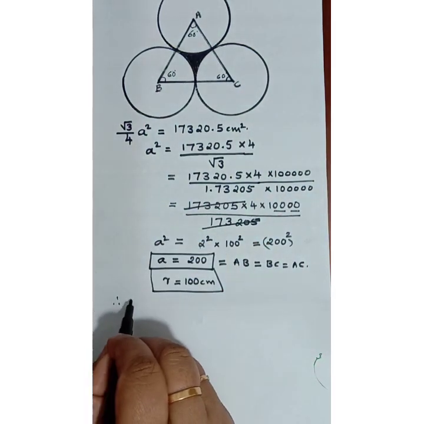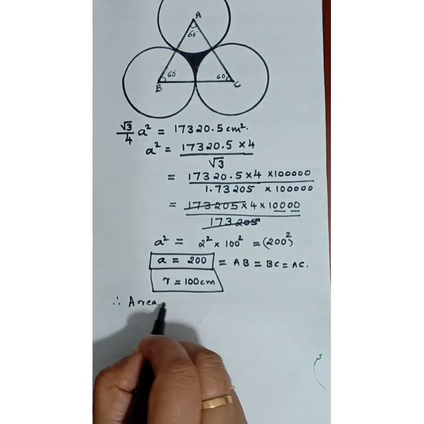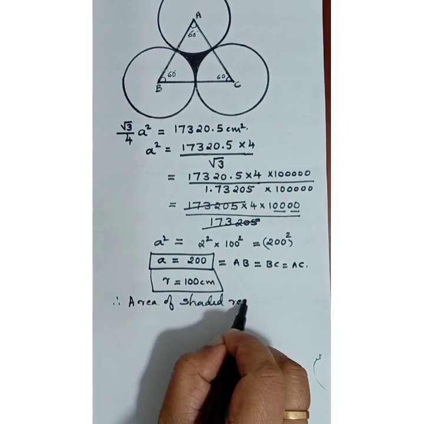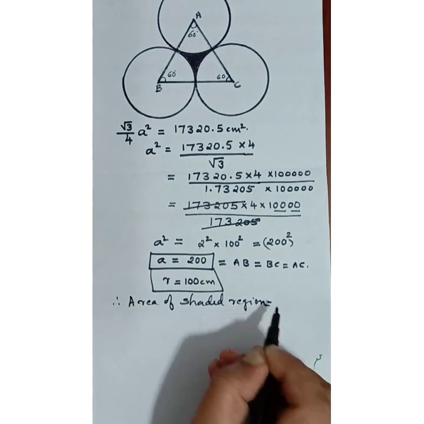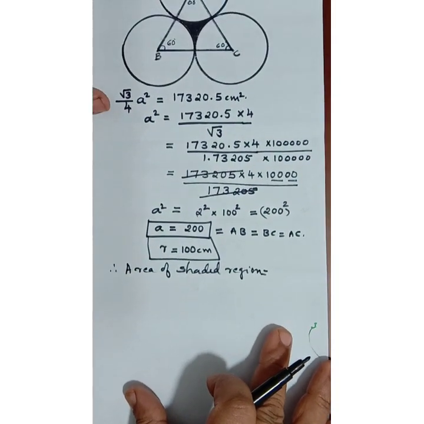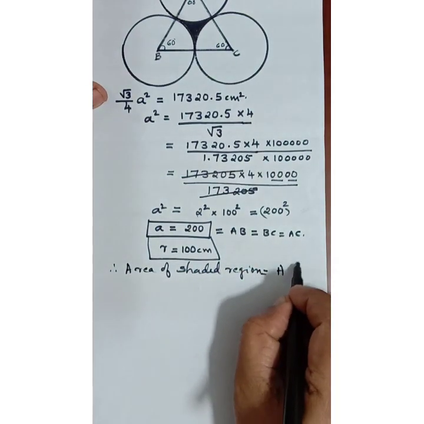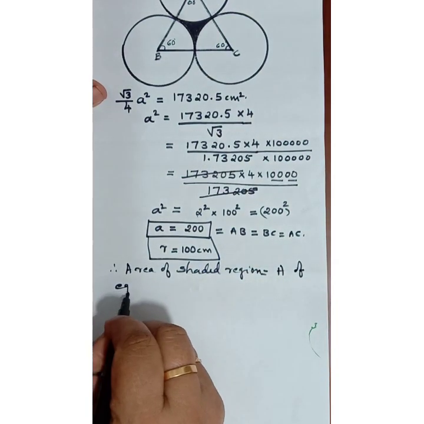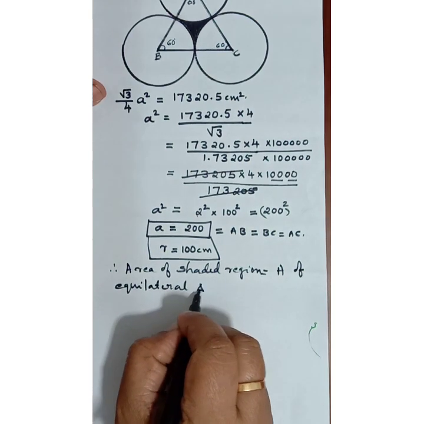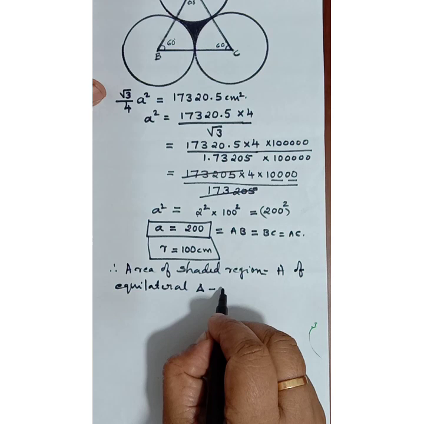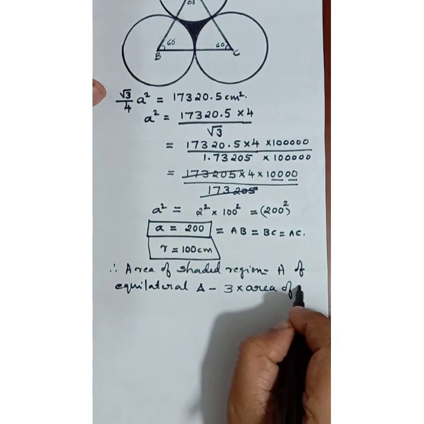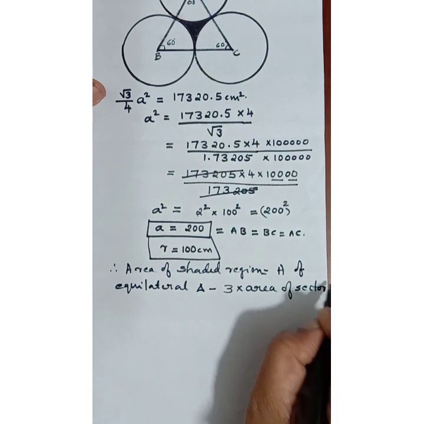Therefore, area of shaded region equal to area of equilateral triangle minus 3 into area of sector.